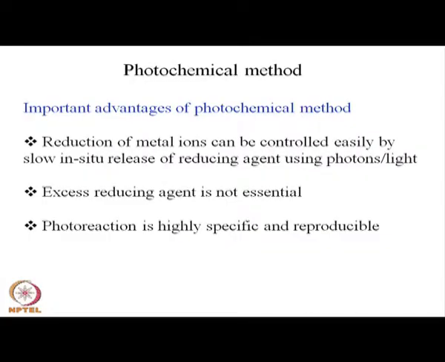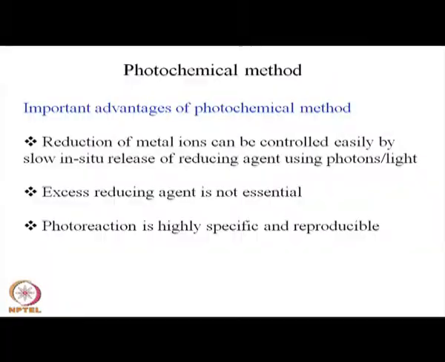And excess reducing agent may not be essential. Photoreaction is highly specific and reproducible. Since we are very close to photochemistry, as we discuss fluorescence spectroscopy here, I picked the photochemical method to have a little more overview.